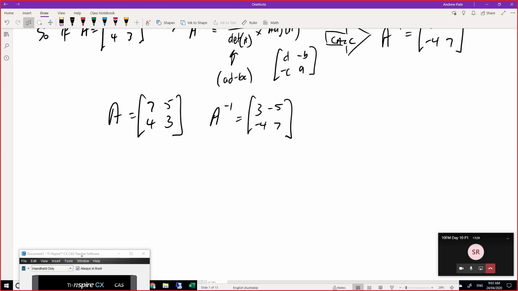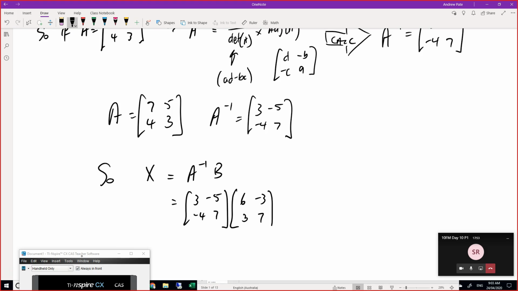All right, so x is equal to the inverse of A times B. So the inverse of A is 3, -5, -4, and 7 times B, and B is a matrix. If you look back at the question, that is 6, -3, 3, and 7. And guess what time it is again? It's calculator time. So on your calculator, you can work that out.